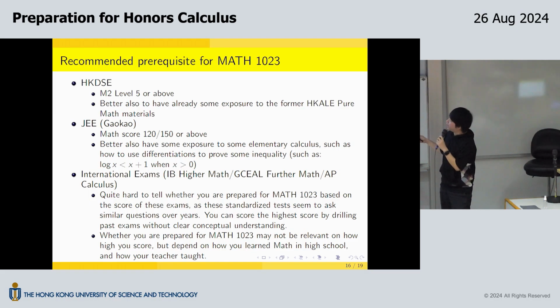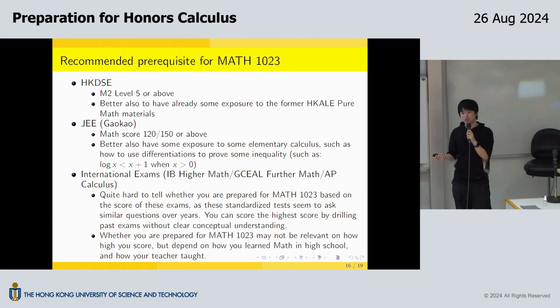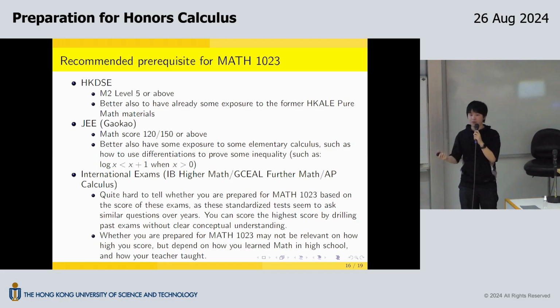Having an M2 level 5 star doesn't mean that you're guaranteed to achieve a good grade in honor calculus. Instead, it only tells you that you might be prepared for taking Math 1023. In Math 1023, you're expected to learn everything from scratch.